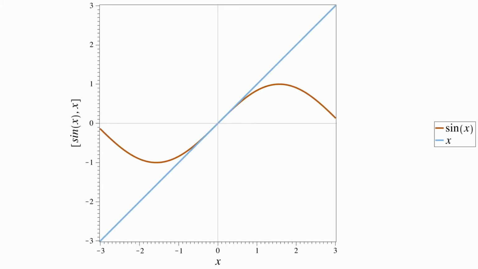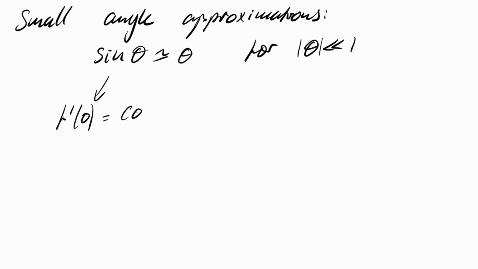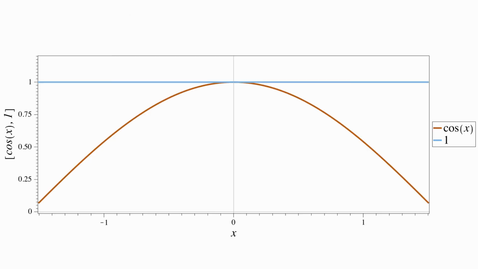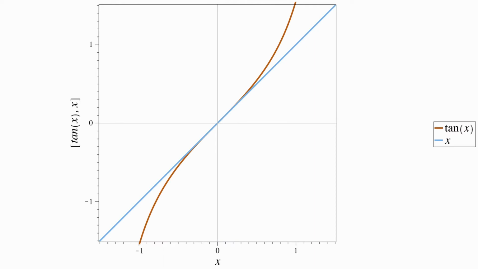We can see this because f prime at 0, which is just cos of 0, is equal to 1, which implies that the linear approximation, which is f of 0 plus f prime of 0 times theta minus 0, is theta. Similarly, you can show that cos theta is approximately equal to 1 and tan theta is approximately equal to theta. So if you're dealing with a very squashed triangle, these come in really useful.